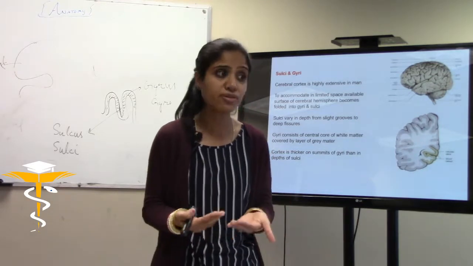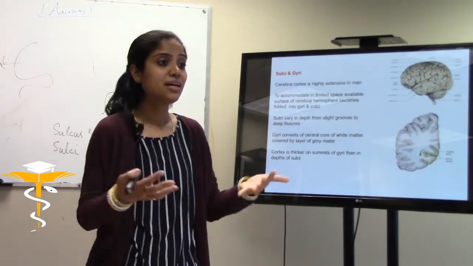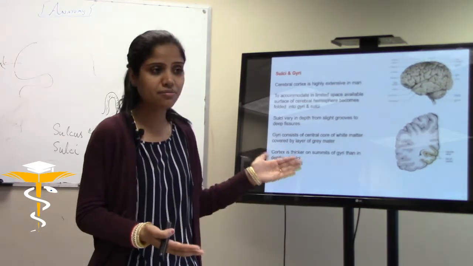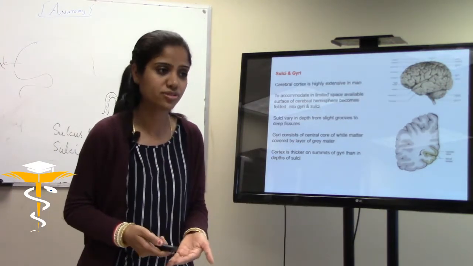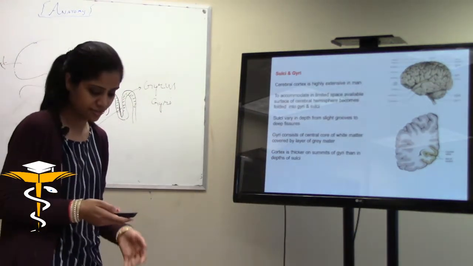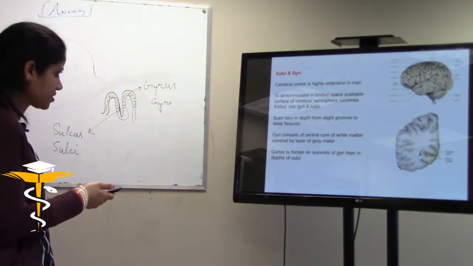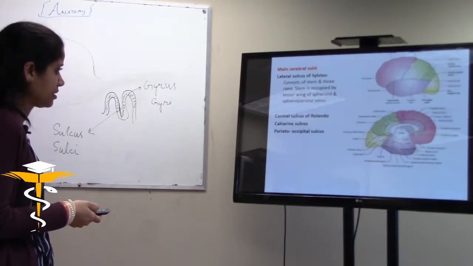Why is the human brain more evolved? Because it has higher integrative functions, and it has a capacity to accommodate more neurons in the form of sulci and gyri. So the cerebral cortex, or the sulci and gyri, are more extensive in humans.